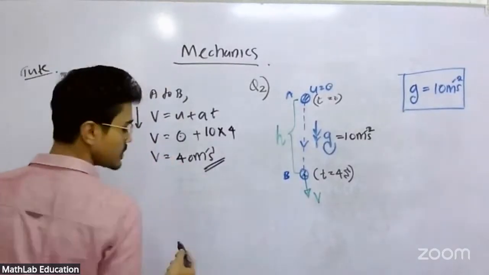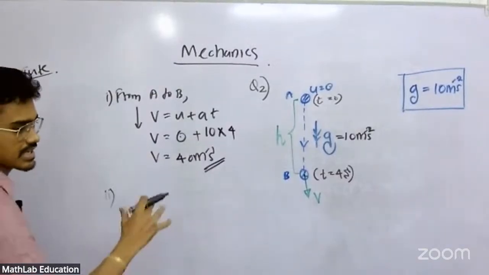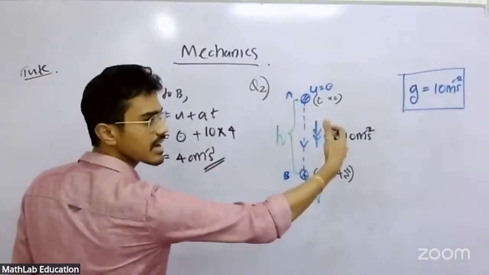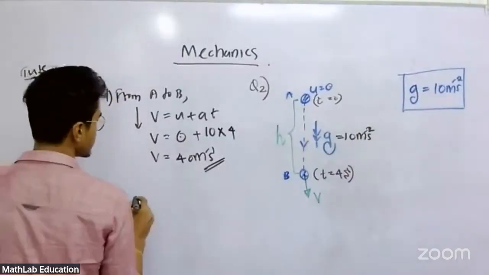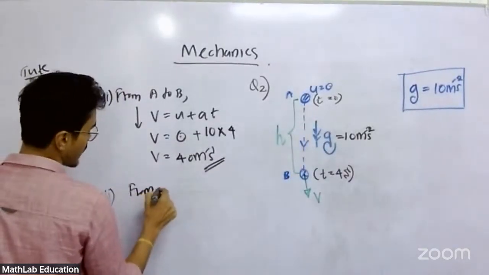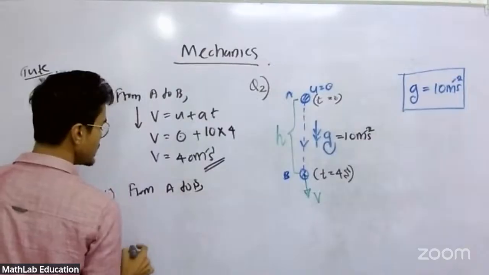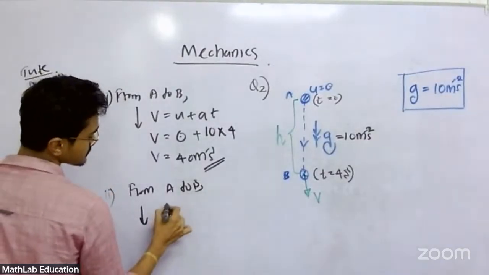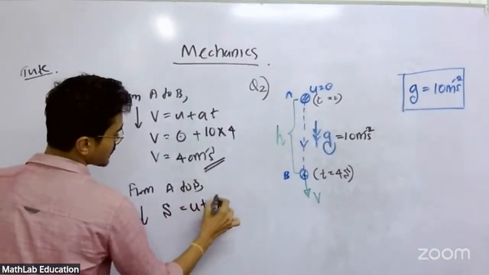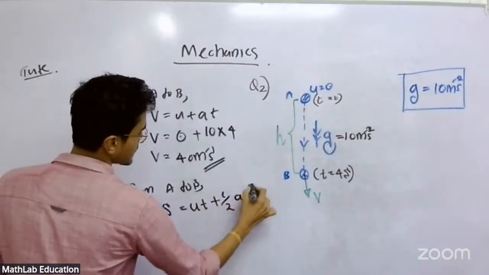And if we need the fallen height, fallen height is a displacement. That is how we should have it, because in our equations we have displacement. Then again from A to B downwards, s = ut + half at squared.